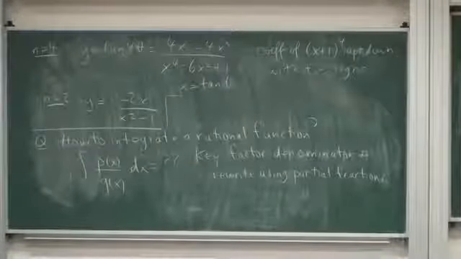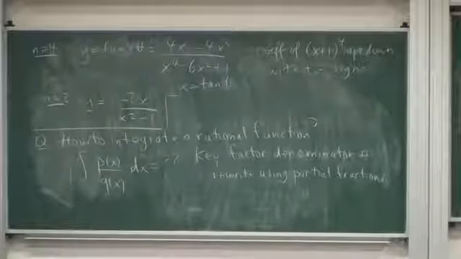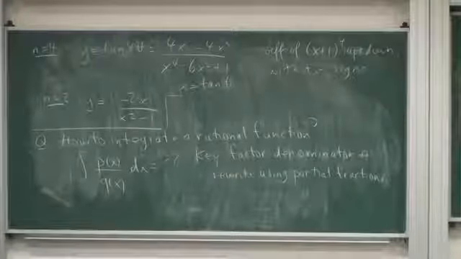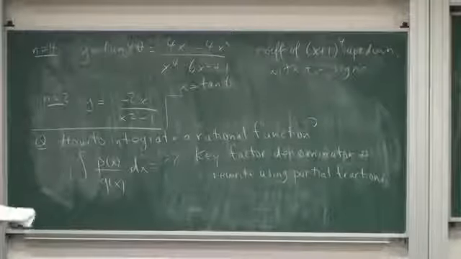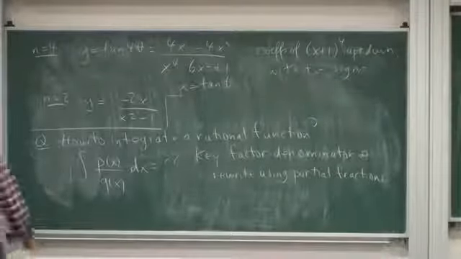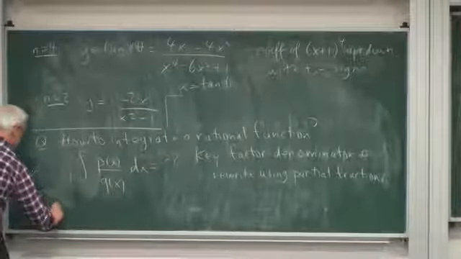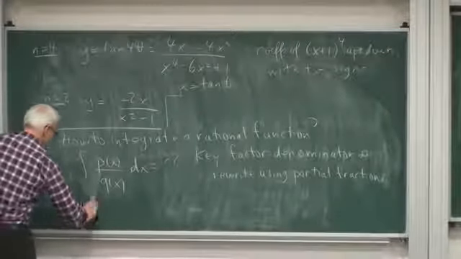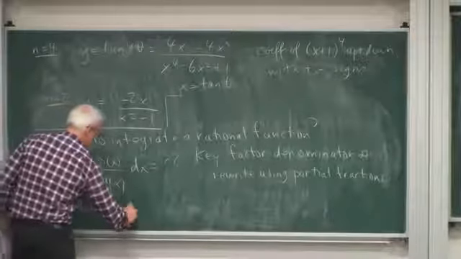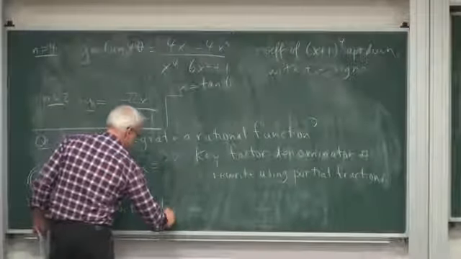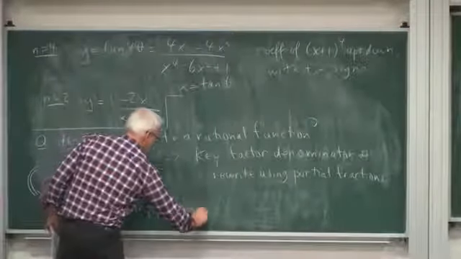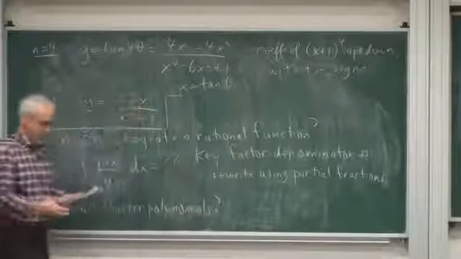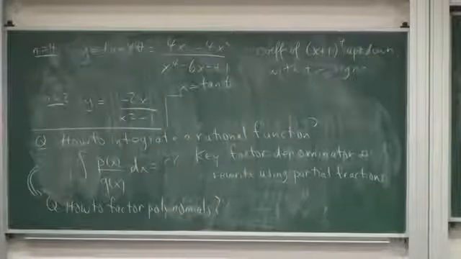So the key point is that you've got to try to be able to factor a polynomial in order to integrate it. And so the question arises, how can you factor polynomials? So this question led to another question, how to factor polynomials. Could polynomials always be factored? And if so, how?